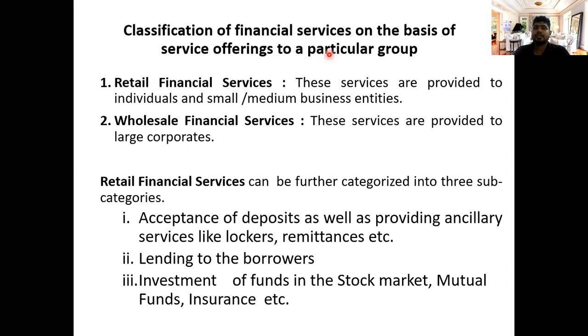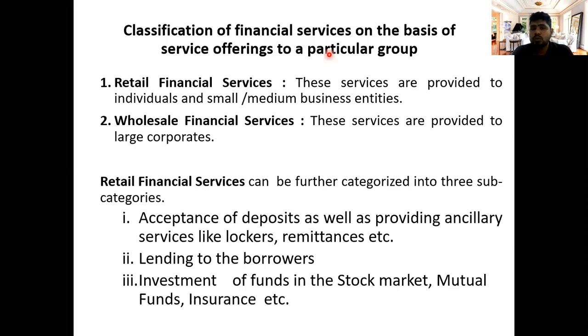So based on that, there are two types of customers. The first type of customer is individuals or small medium business entities. Second type of customers are corporations, large business enterprises, and government.